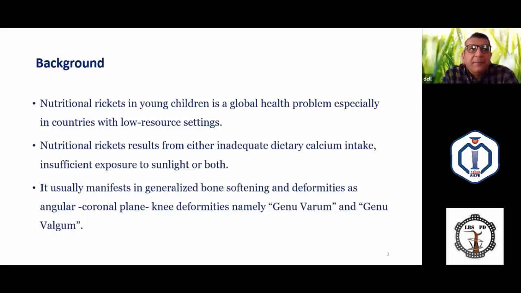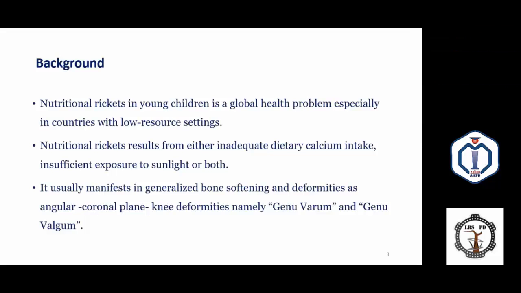So it's a disorder that you will frequently come across in pediatric orthopedic clinics or in general orthopedic clinics, and also in pediatric clinics. Of course, we all know that nutritional rickets is related to bad lifestyle, either insufficient dietary calcium or insufficient exposure to the ultraviolet rays of the sun, or both of them.